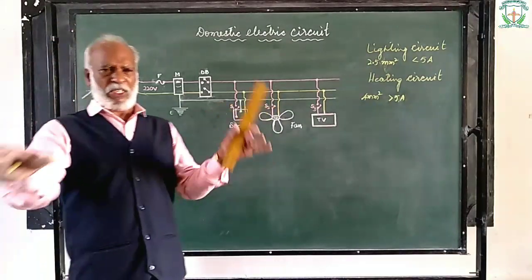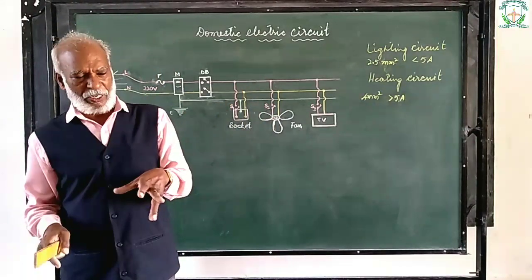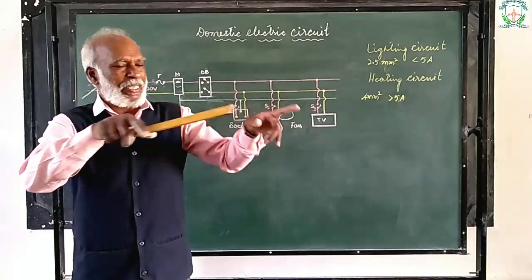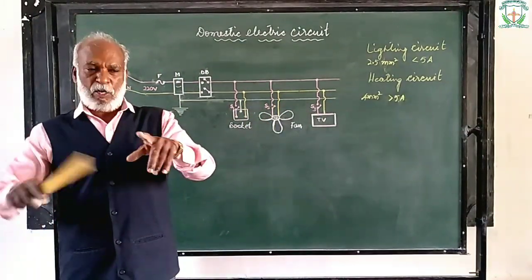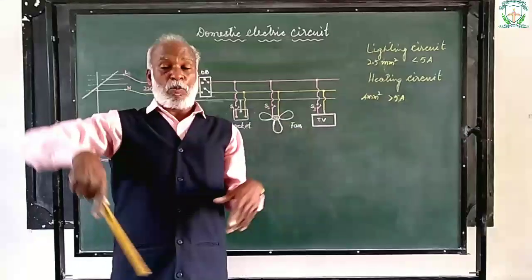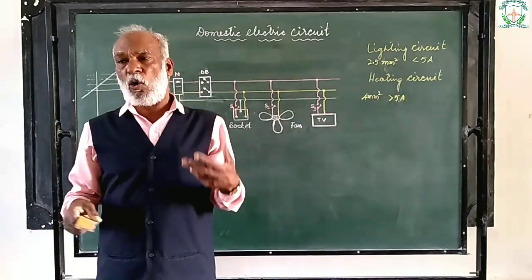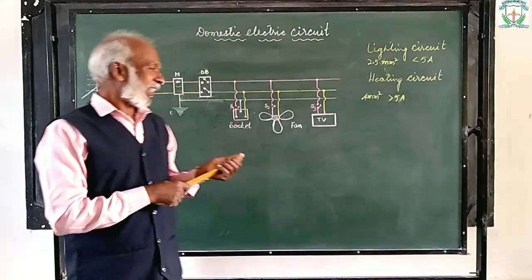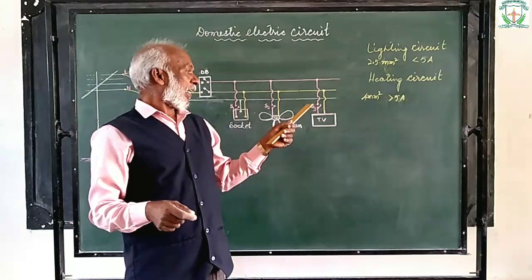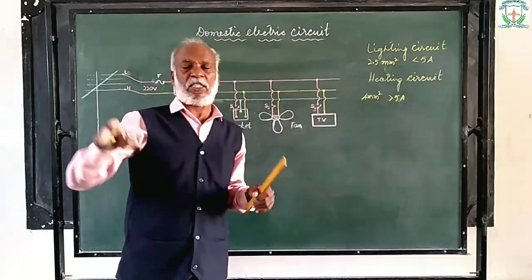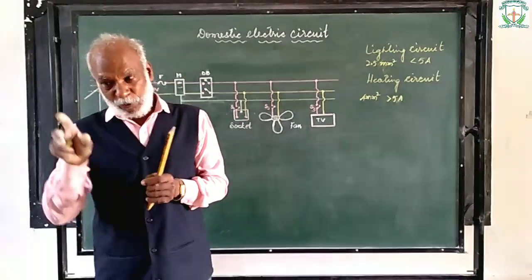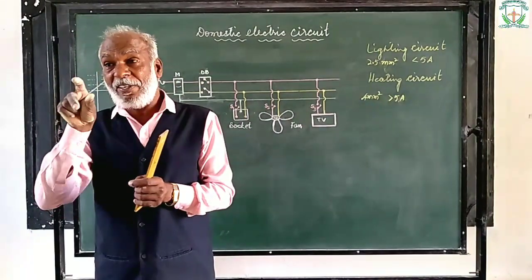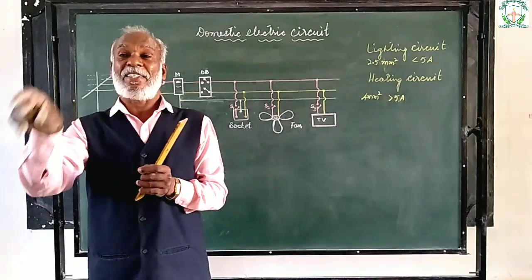So any machine which has a metallic body, even a plastic body, if the machine is drawing more current, then the ground wire is connected to that machine. If you examine the power cord of such machines, you can see a 3-pin plug.